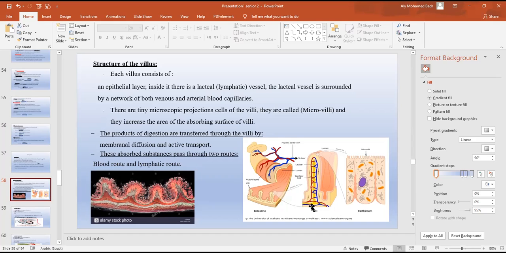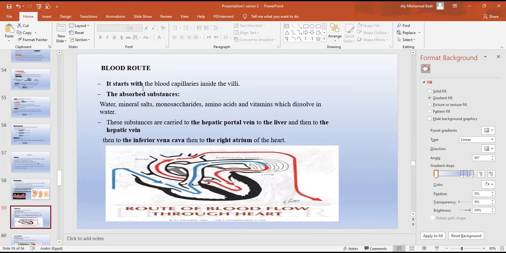The blood route and the lymph route, which is the lacteal vessels. So the blood route starts with the blood capillaries inside the villi. The absorbed substances, the water, minerals, monosaccharides, amino acids, and vitamins which dissolve in water will go to the blood route.